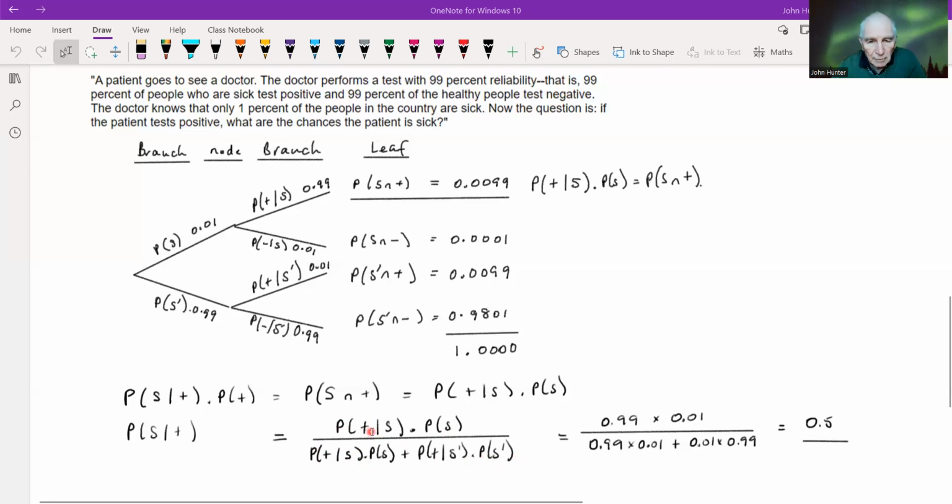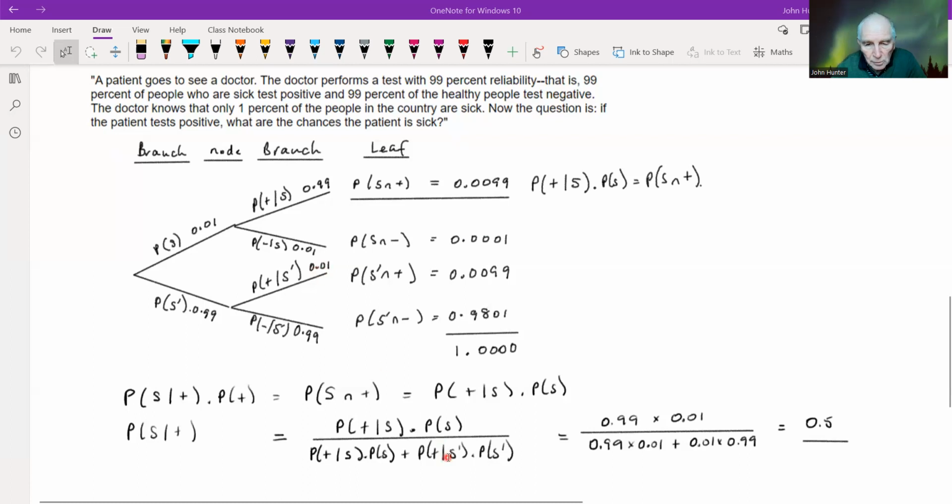So what have we got? This is 0.99, it's in the question up there, times the probability that they're sick. It's just 1% of the country that's sick, so we've got 0.99 times 0.01. And on the denominator, we've got the same thing again, 0.99 times 0.01. And then the probability that they're positive, given that they're not sick, well, that is the complement, the other side of the reliability statistic.